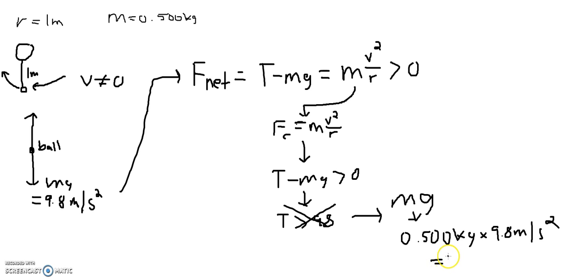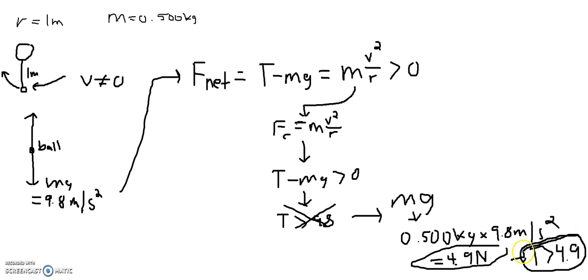That actually gets us 4.9 newtons. So this is our answer, except we know that T is greater than 4.9 because of the formulas above. Instead of taking 9.8 newtons directly, we have to multiply it by the mass, which is 0.500 kg, getting us the final answer that it has a tension of greater than 4.9 newtons.